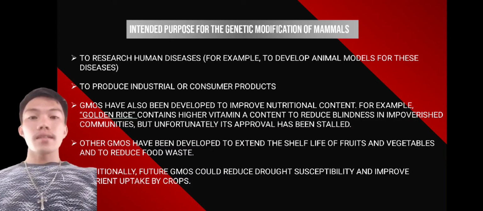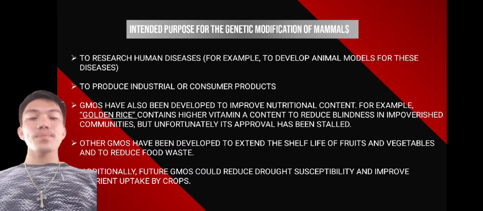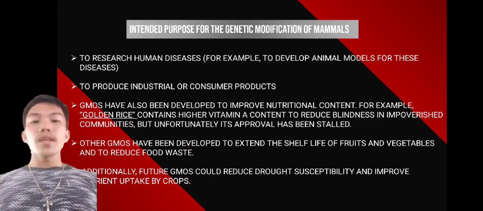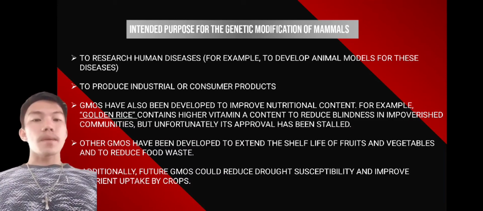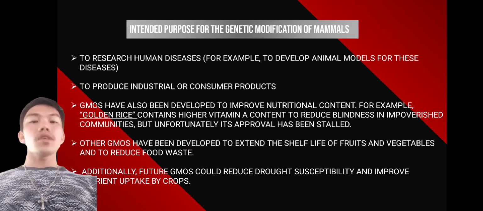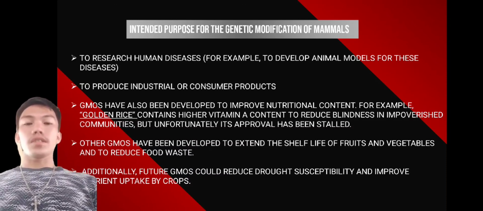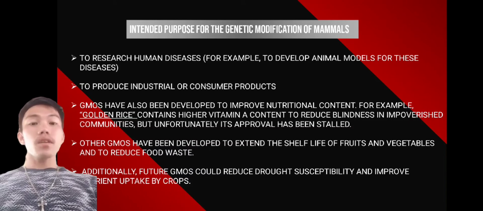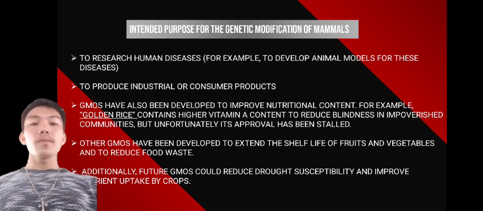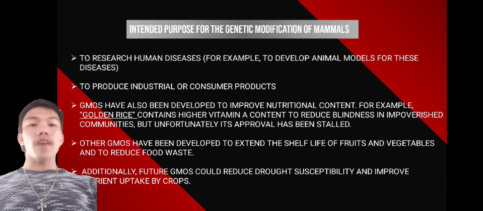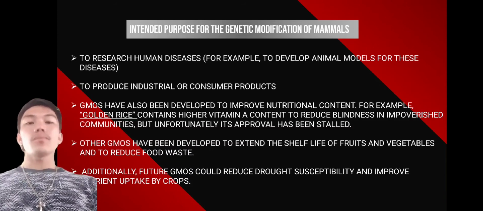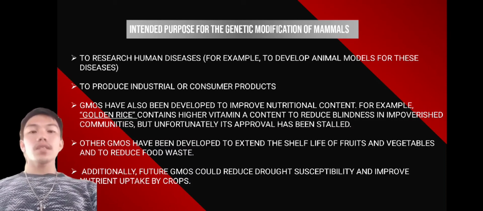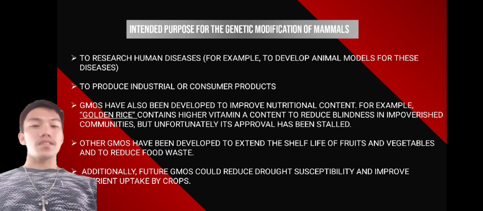So, let's start. To research human diseases, for example, to develop animal models for these diseases. An example of this is that mammals are the best models for human disease, making genetically engineered ones vital to the discovery and development of cures and treatments for many serious diseases.